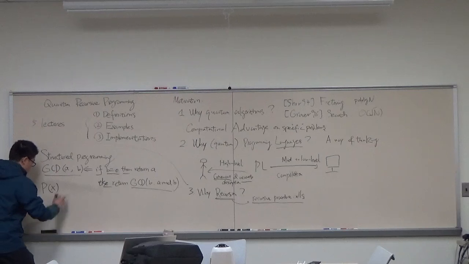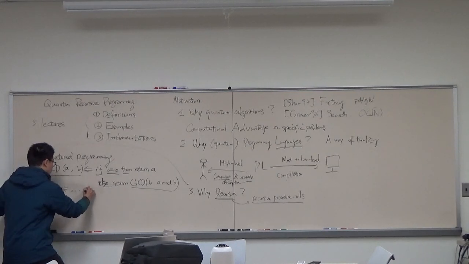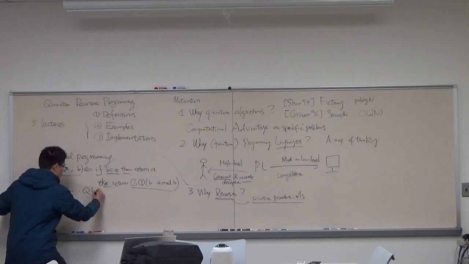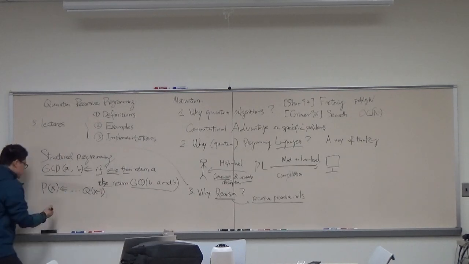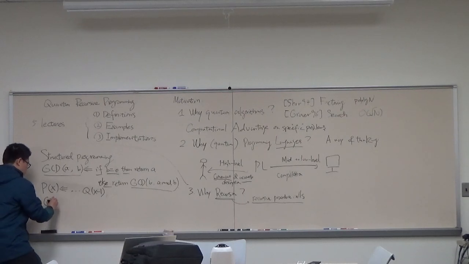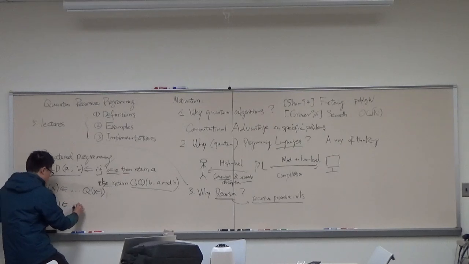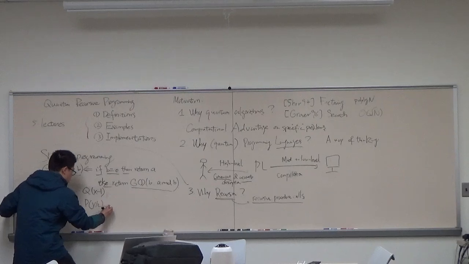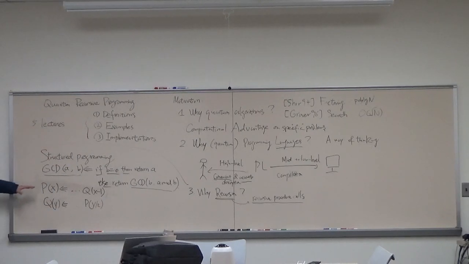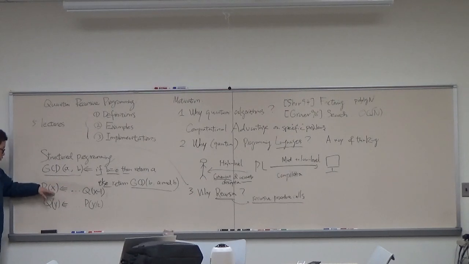For example, in the definition of P(X), you call Q, like you call Q(X-1) and do some other things. Or in the definition of Q(Y), you can call P again, with Y over 2, or something like this. You can write arbitrary procedure calls to other procedures or itself.